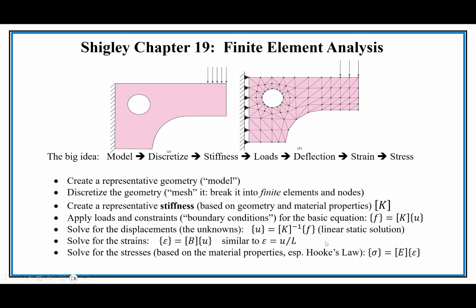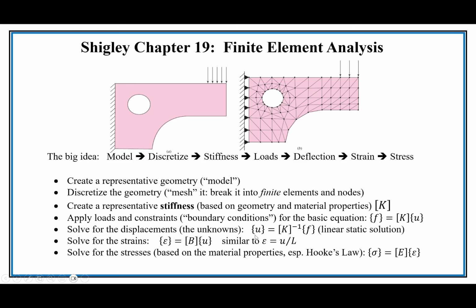Something to consider about this big idea is that what we're really first looking at is a displacement solving routine. And from displacements, we're able to come to a conclusion about the strains and thereby the stresses.